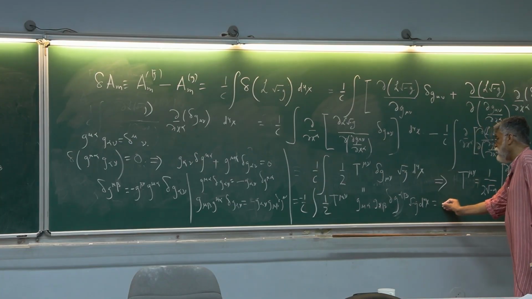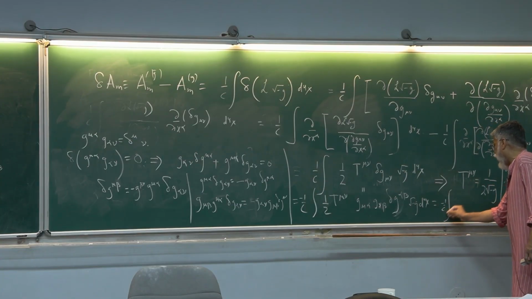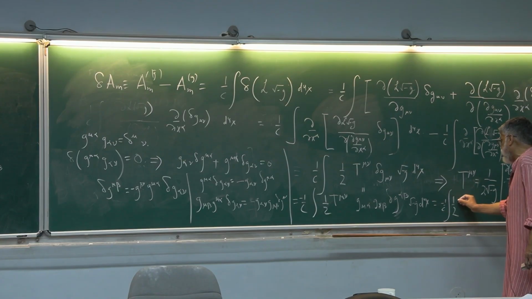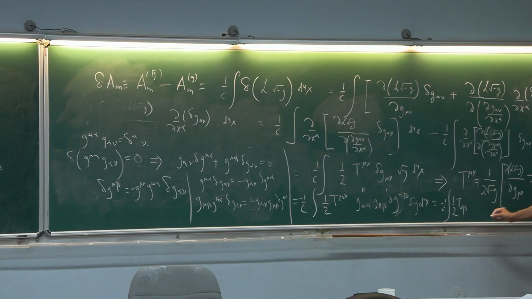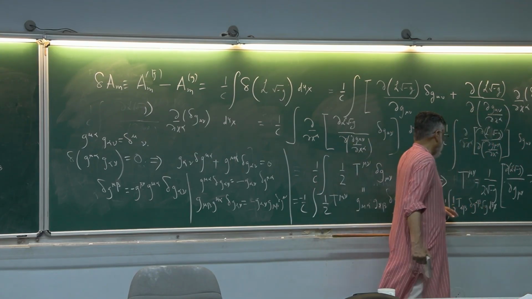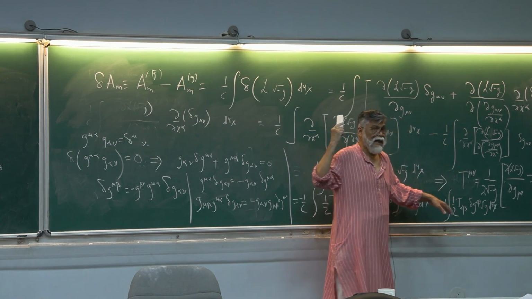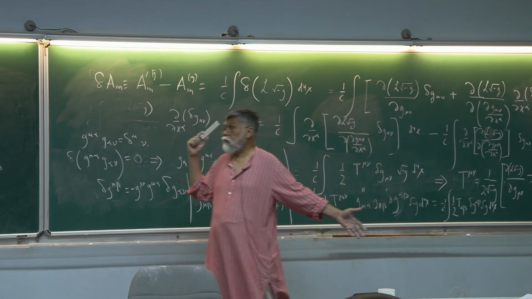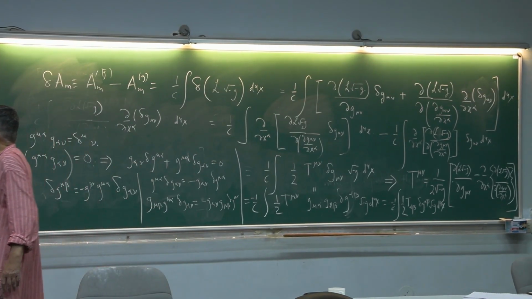So this is the same as minus 1 over c half T alpha beta delta g alpha beta upstairs root minus g d4x. Okay. So this result you have to remember, because when I do variation for the Einstein-Hilbert action, I'll have to come back here.